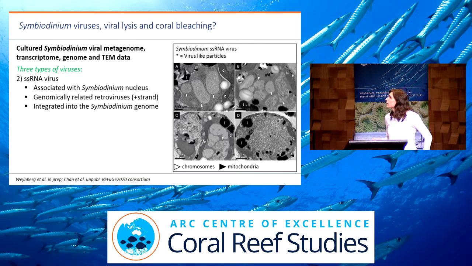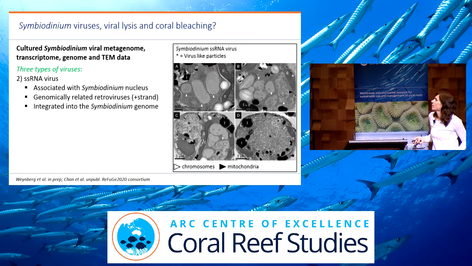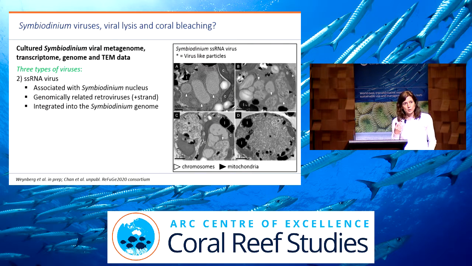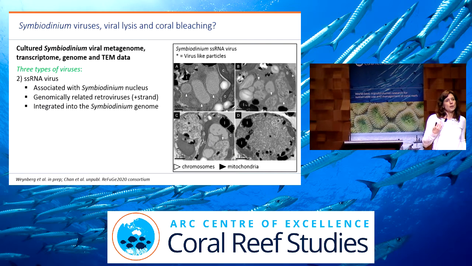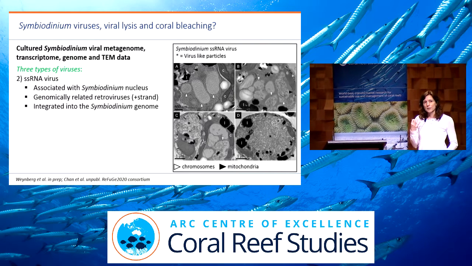A second virus is a single-stranded RNA virus, and this particular virus is quite interesting. It's associated with the nucleus in Symbiodinium. So in our cultures, we tend to find a mix of healthy and disintegrating cells in control cultures, as well as cultures that we subject to UV or temperature stress.